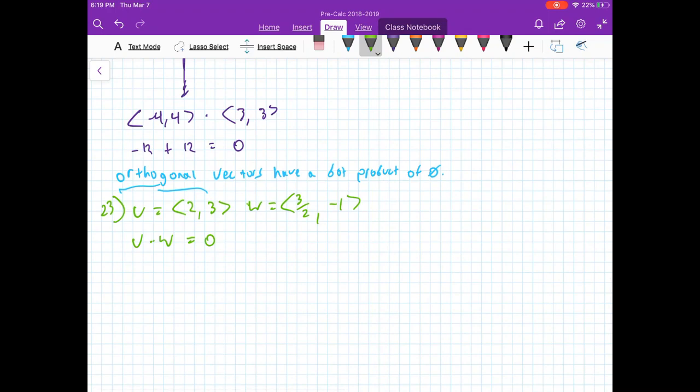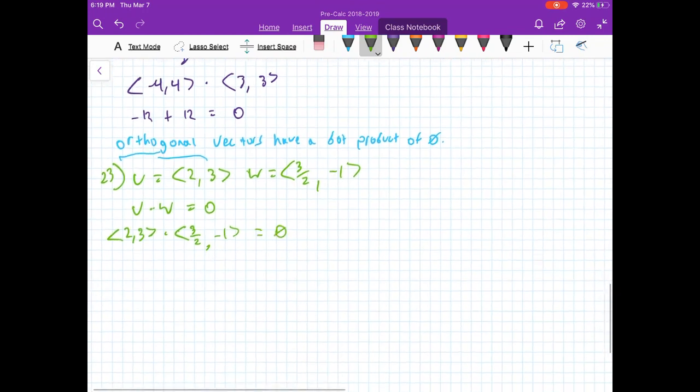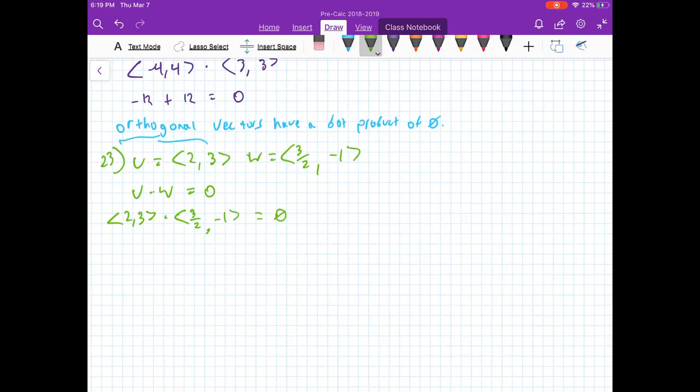So let's plug in u and w. We have 2, 3, dot product with 3 halves and negative 1, equals 0. I should probably be using a different color, but it's too late now. I'm sorry if that caused any confusion. All right, let's work this out.